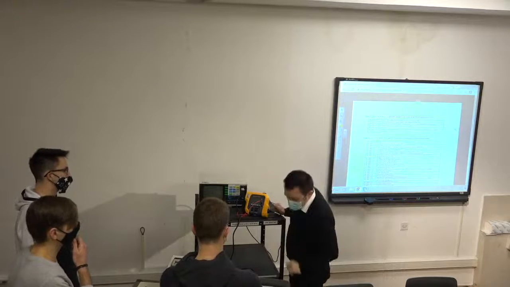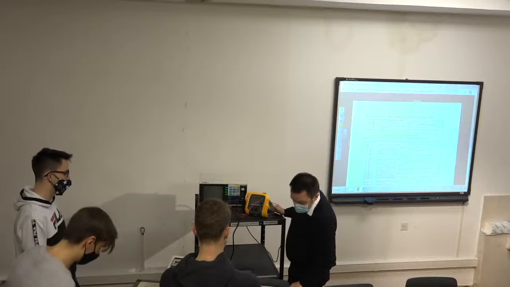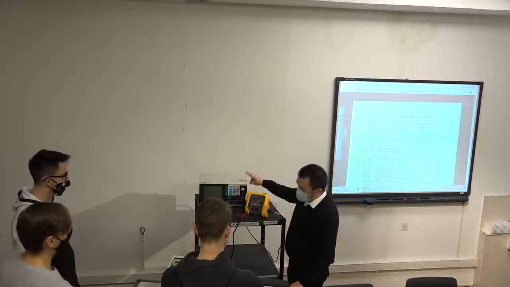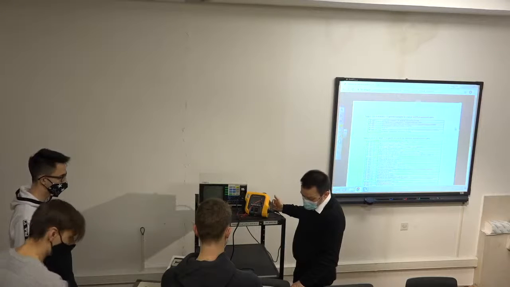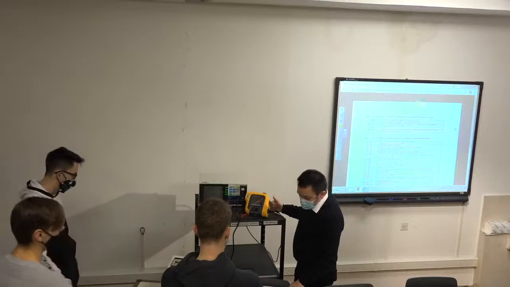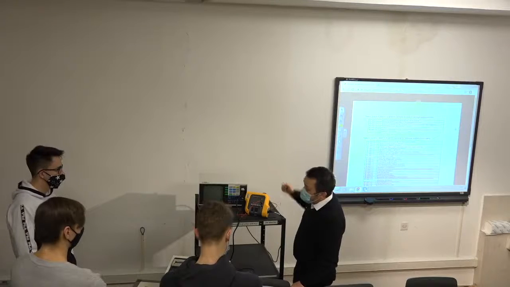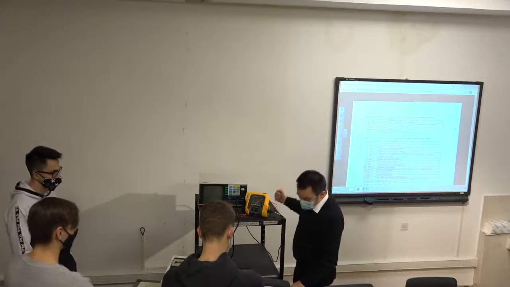Okay, fine, that's it. So then we have equipment current, so we can see how much current this device needs to operate. Ground wire leakage current, that means the protective one, how much current is through that one.